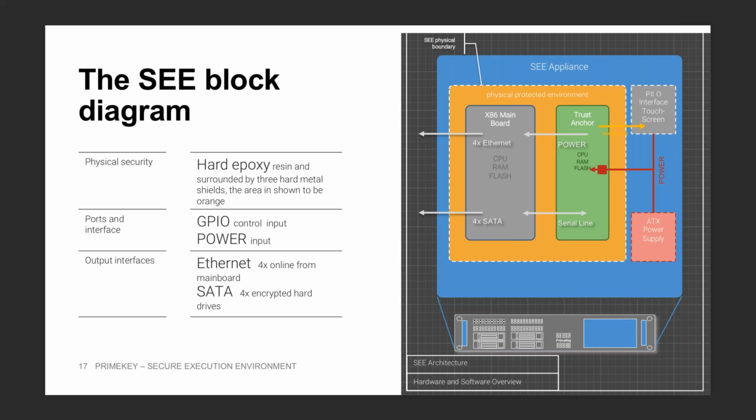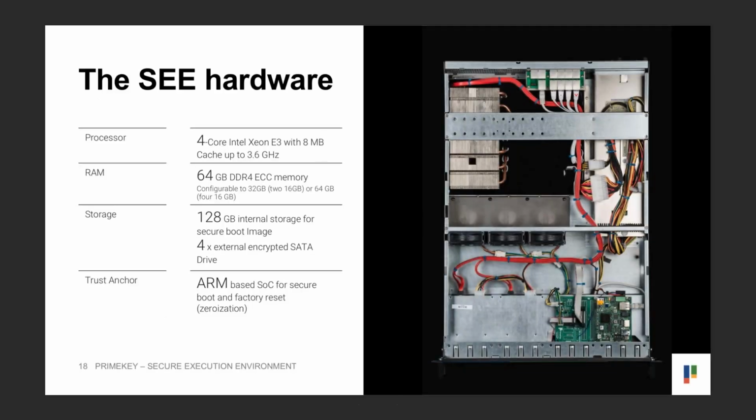And here we show you a picture of what's inside this rack-mounted server. So what we did is we are using, as I mentioned, a standard Intel mainboard with a 4-core Xeon E3 processor on it and 64 GB of RAM and 128 GB internal storage.